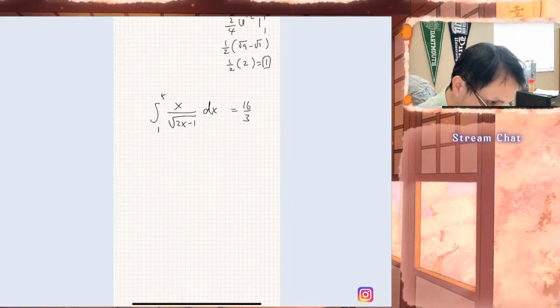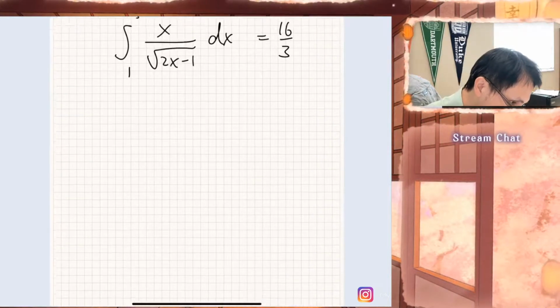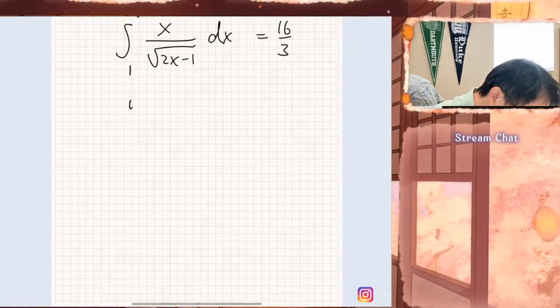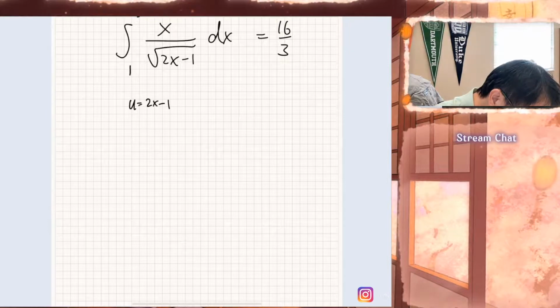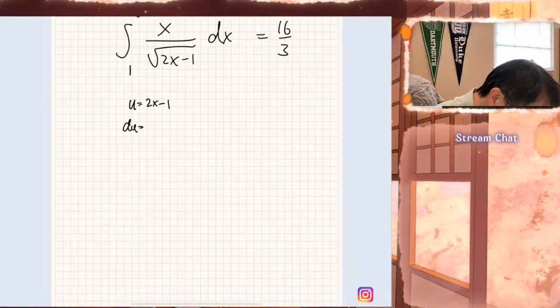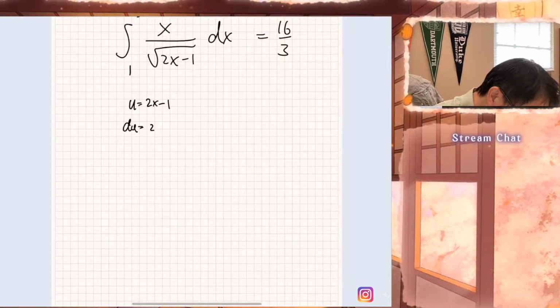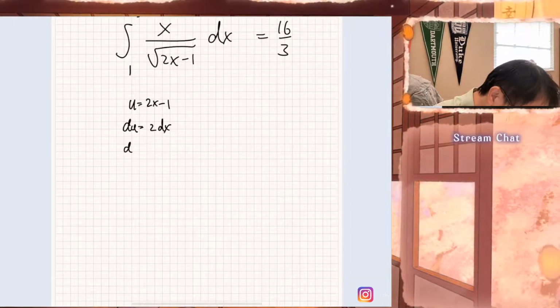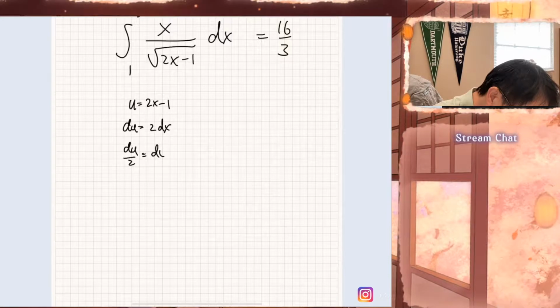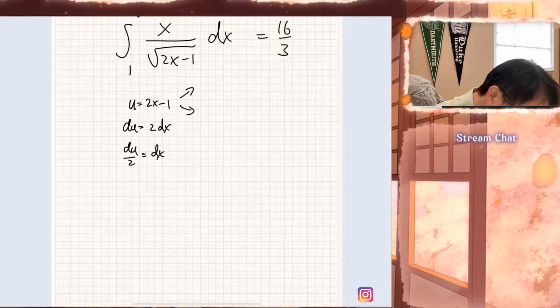I'll start working on it, and you probably leave before that. u equal to 2x minus 1. du is equal to what? 2 dx, right? So du over 2 equal to dx. And then change the boundary.